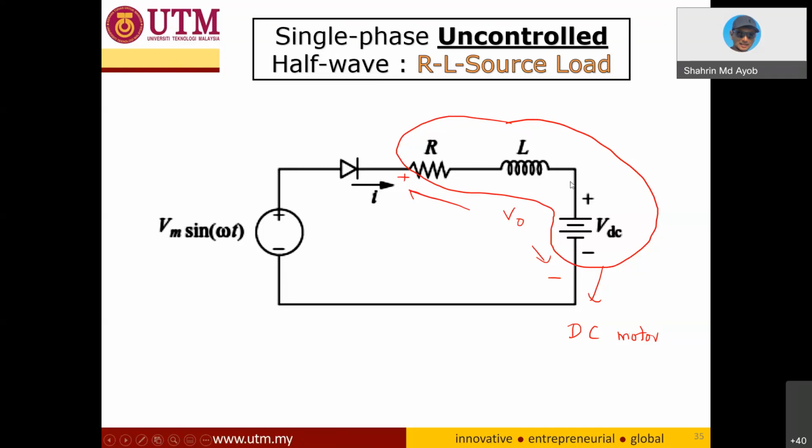So this load model represents the DC motor. A DC motor uses a DC power supply, so that's why we have a rectifier here. This is your AC input, and then we rectify using a diode and supply to the DC motor.